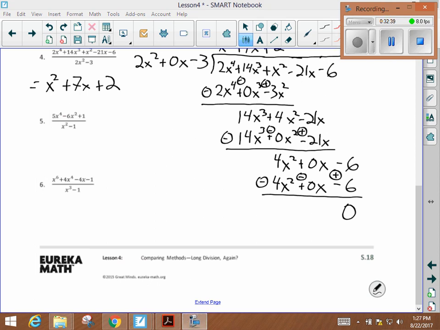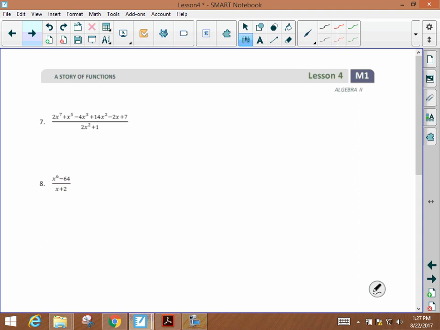All right, I'm going to skip 5 and 6 for the sake of time. And we are definitely doing 7 and 8. So let's set this thing up again. 2x squared, I need a placeholder for my x value, plus 1.